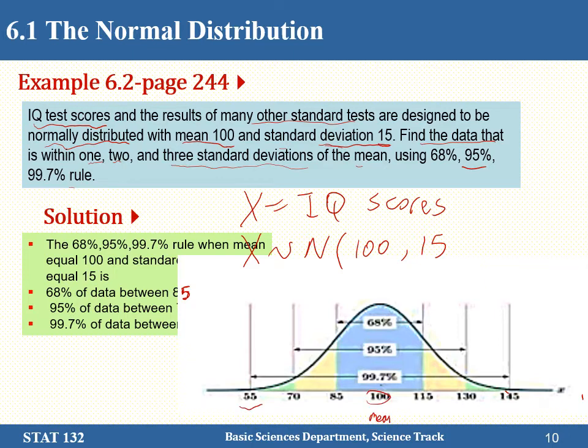Then mu plus sigma, mu minus sigma, mu minus 2 sigma is 70, and mu plus 2 sigma is 130. And then this one is mu plus 3 sigma. So mu minus 3 sigma and mu plus 3 sigma here. And these are the things we got from the 68%, 95%, and 99.7% rule.